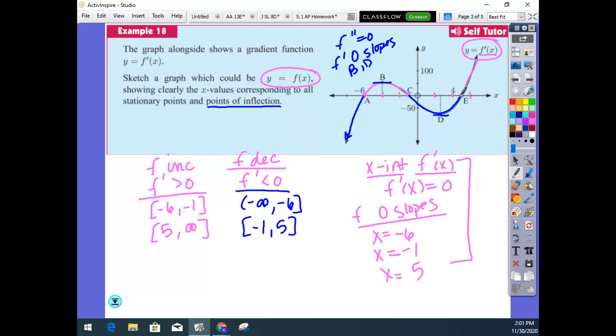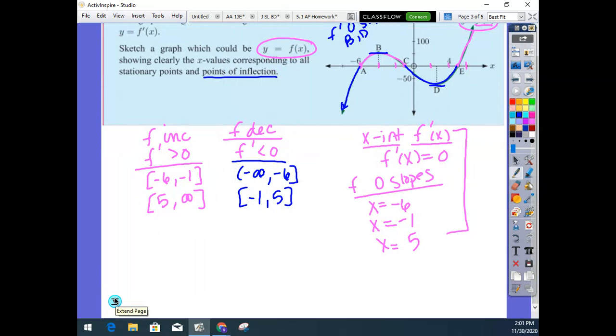All right, so let's look at a graph that incorporates all of this. Now, there's not a real good way to figure out our y values. So what I did is I mapped out 1, 2, 3, 4, 5, 6, 1, 2, 3, 4, 5. It's going to be decreasing, 0 slope here, increasing, 0 slope here, decreasing, 0 slope here.